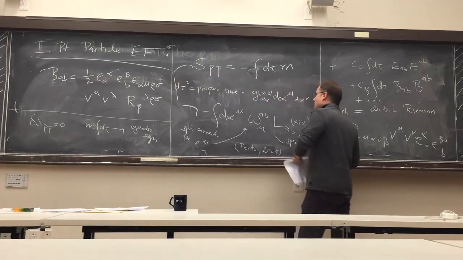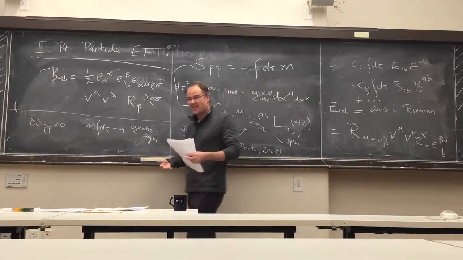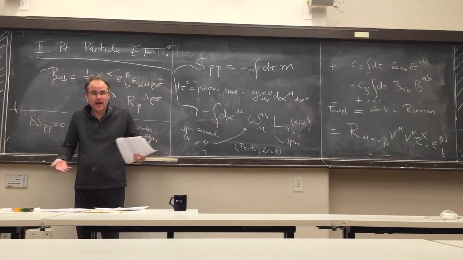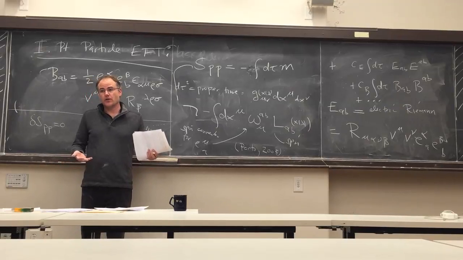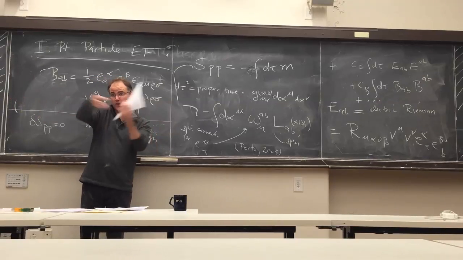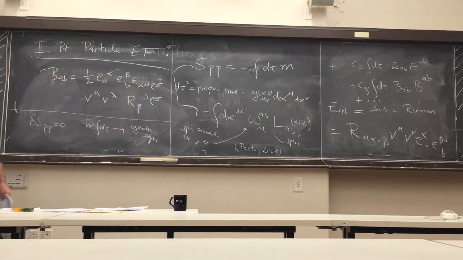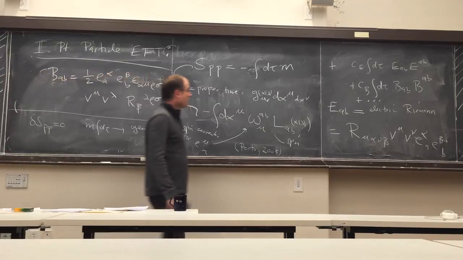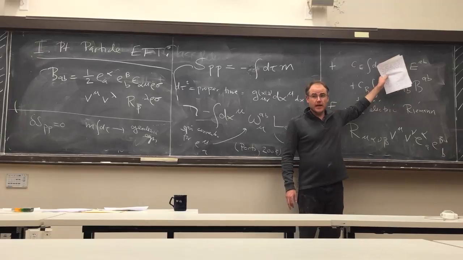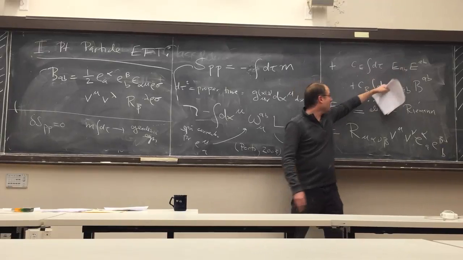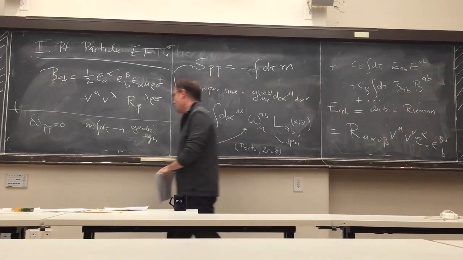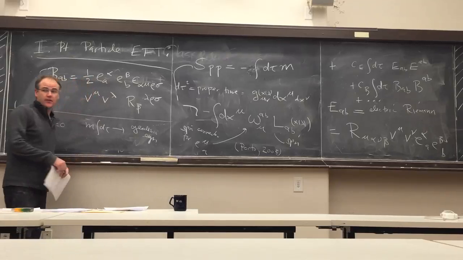But if the object is not a point object, but it actually has a finite size, then it's not going to fall in a geodesic, because there's tidal forces tugging at it from different directions in this external gravitational field. So it is precisely these terms that give you that. If you add these terms to the action, then it's no longer a geodesic motion.